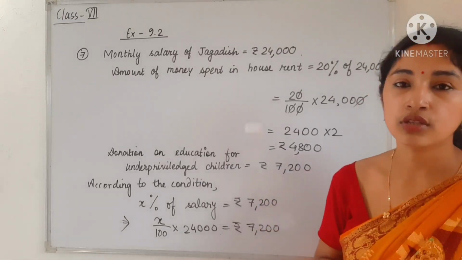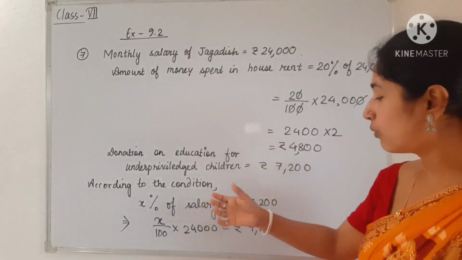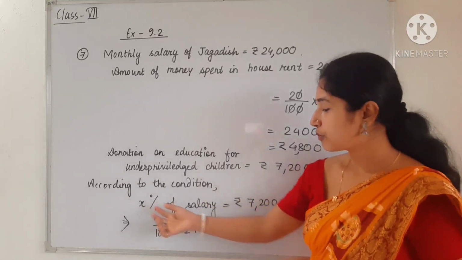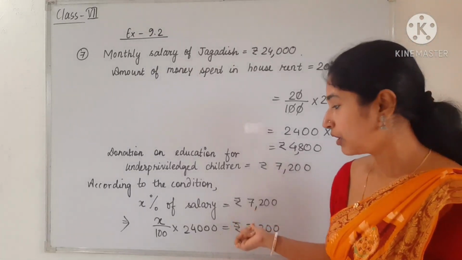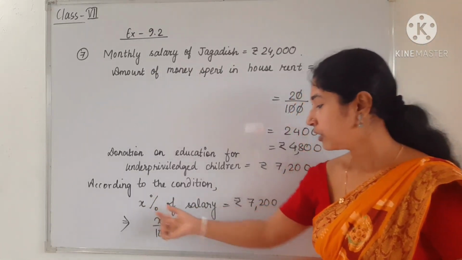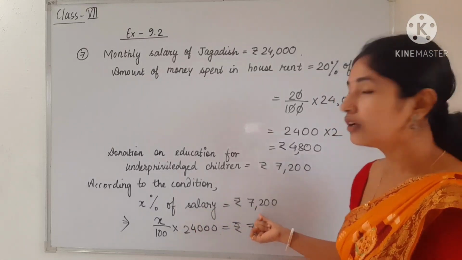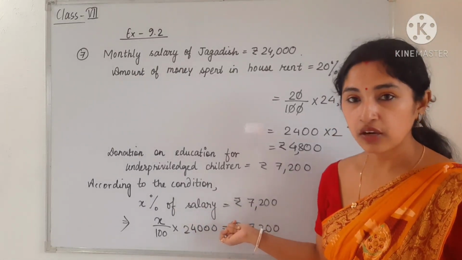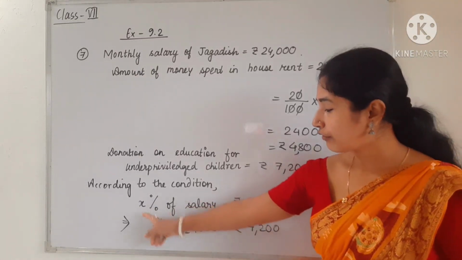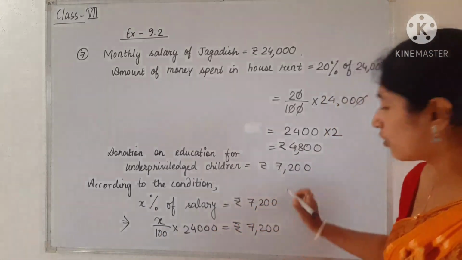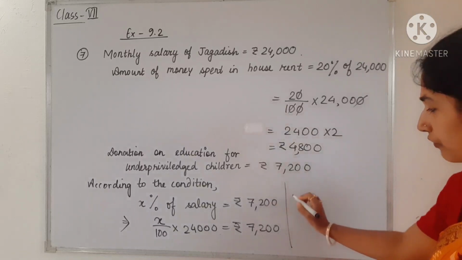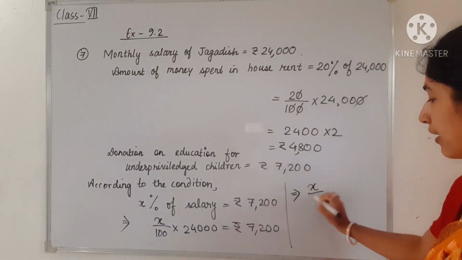Amount is 7,200. So we can equate X percent of salary equal to what? 7,200, because this percent of his salary he is donating for the education of underprivileged children. So now we have to find the value of X. So after calculation we can easily find the value of X. See, after this will be X by 100.